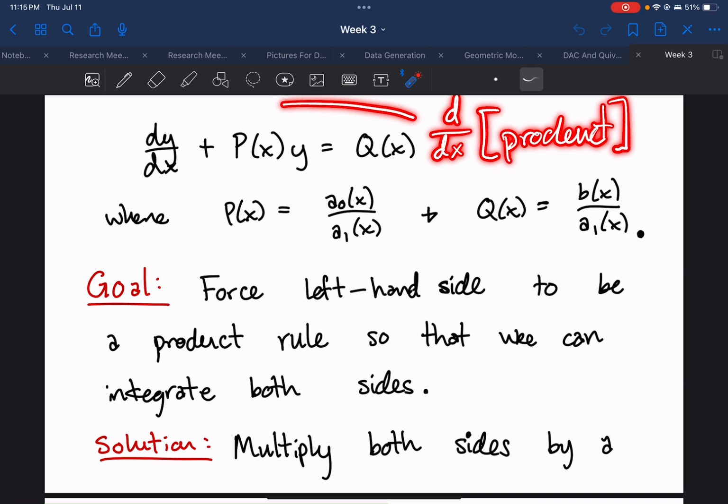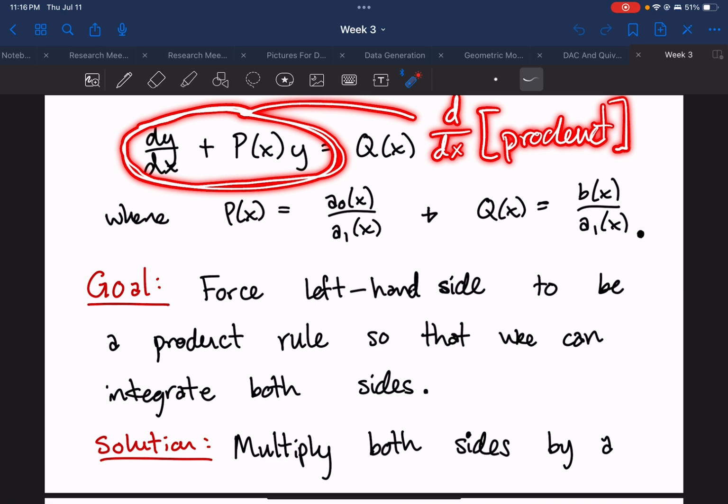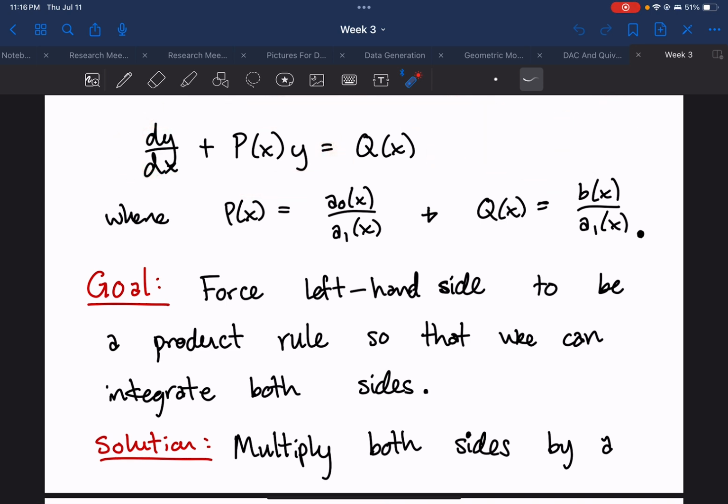If we can make the left-hand side be a derivative of some product, then all I need to do to solve is to integrate both sides, and I'll get rid of all the derivatives, right? So the trouble here is that there's a dy dx hanging out front, and that doesn't let me solve for y. But if I were to change this into a derivative of a product, I could just integrate the left-hand and right-hand sides, and there would be only a y in here, right? That's the motivation.